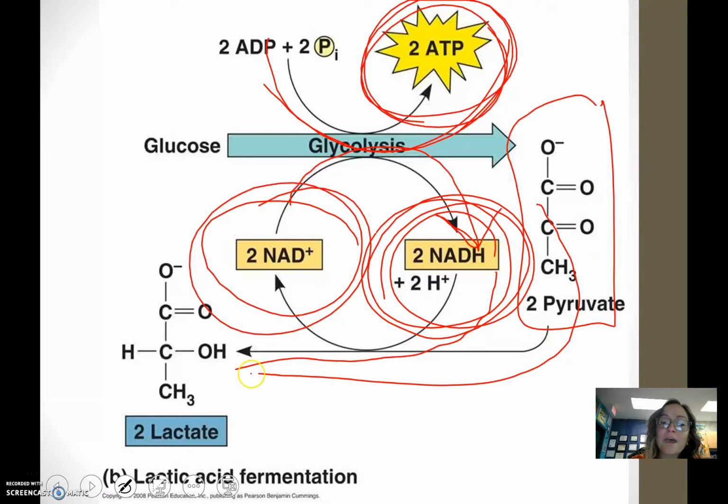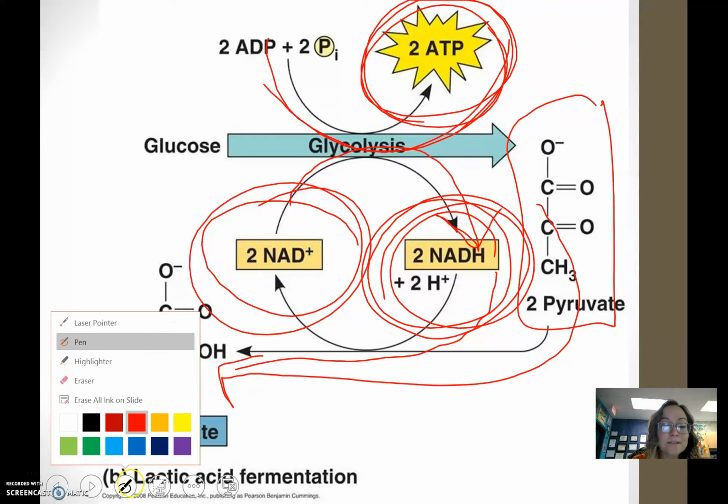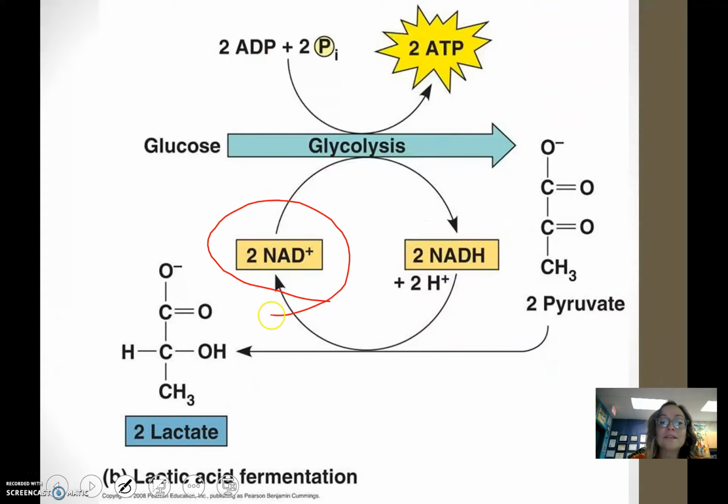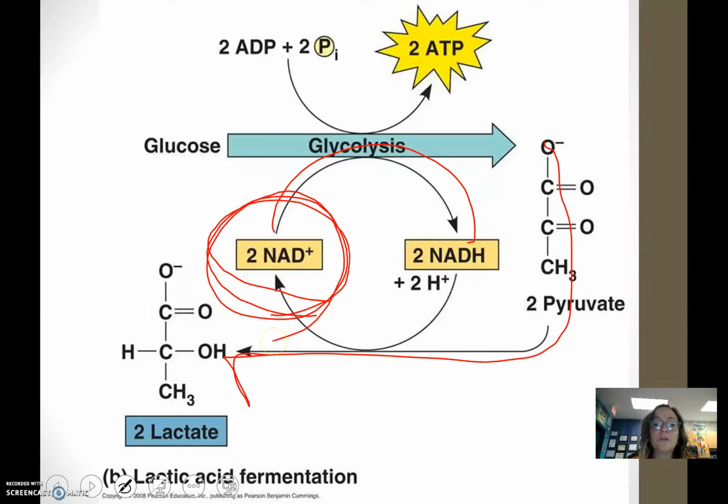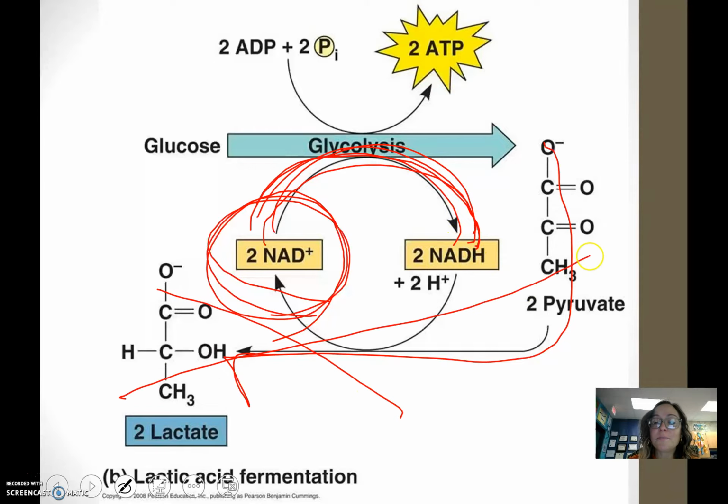When I do that, pyruvate is converted into lactic acid or lactate. And now this NAD+ can be used again in glycolysis. So in anaerobic conditions, fermentation will follow in order to regenerate NAD+ and allow glycolysis to keep on happening. If we did not have this part, then our NAD+ would run out, glycolysis would eventually stop, and we wouldn't get any ATP.